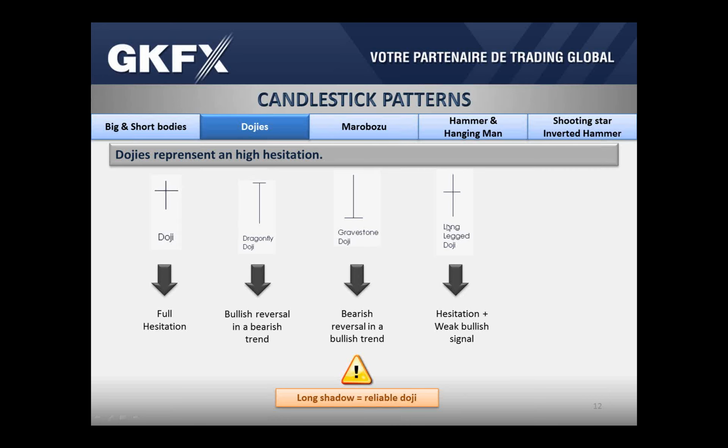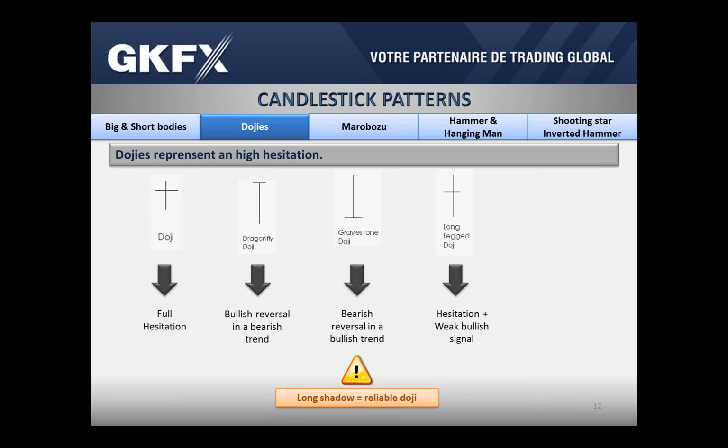And now the long-legged doji. If the body is close to the top, it will give you a bullish signal. If the body is close to the bottom, it's going to give you a bearish signal.